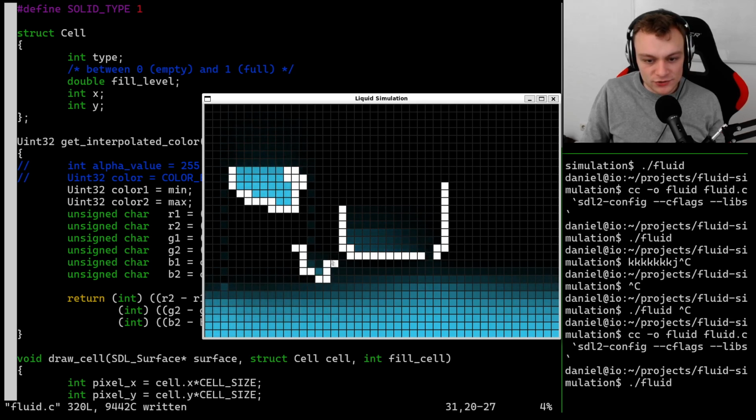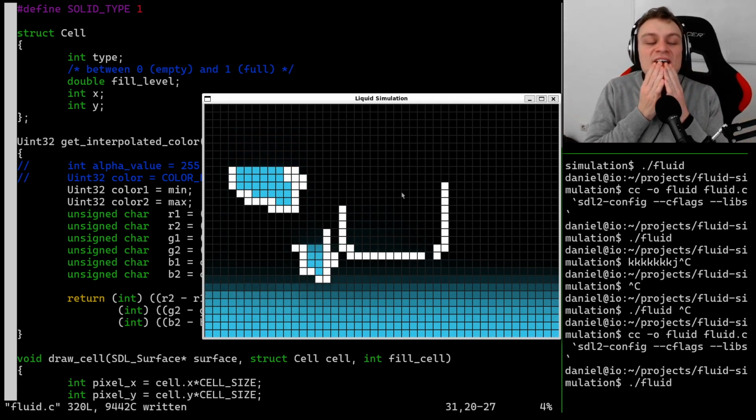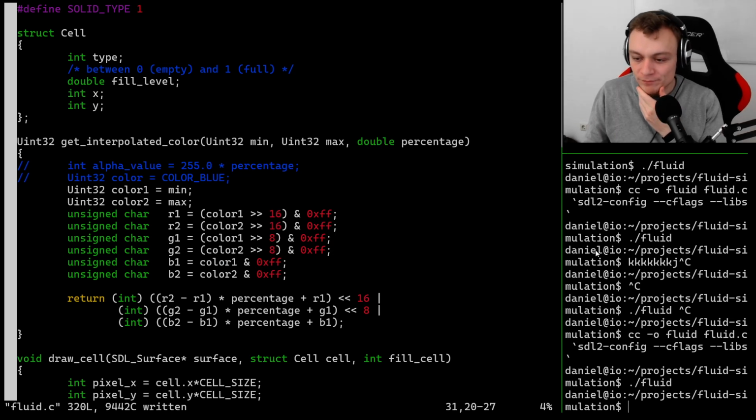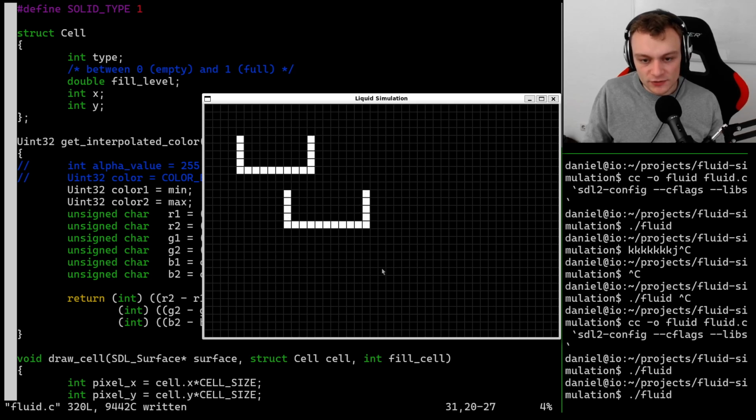Let's just capture the fluid here. Yeah, it's working. Should we quit at this point? I'm not sure. So we can draw containers, for example, like this.